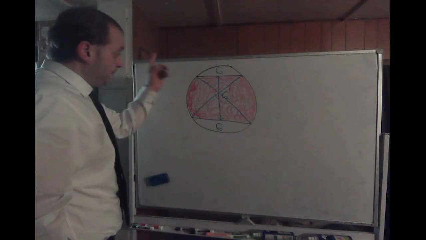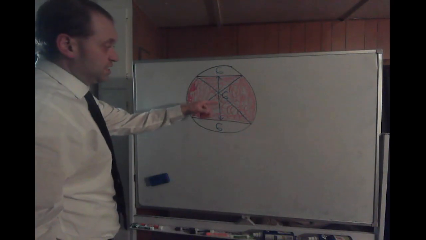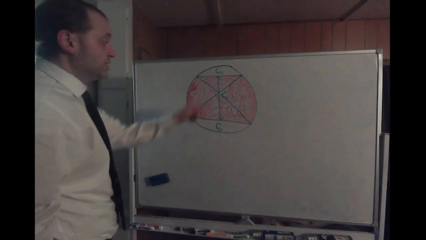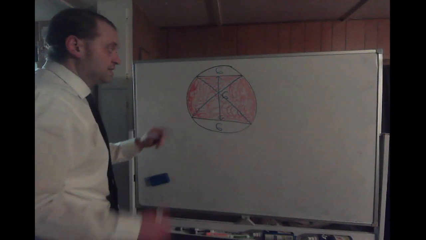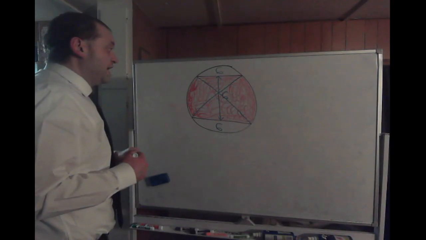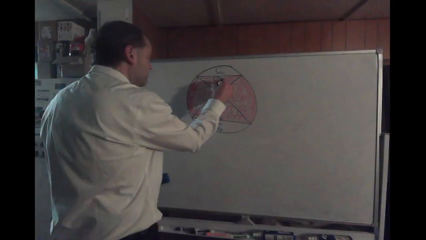So the diagonals form a 90-degree angle. The height bisects those 90-degree angles and the opposite sides, which means you actually have a 45, 45, 90 right triangle for each of these.